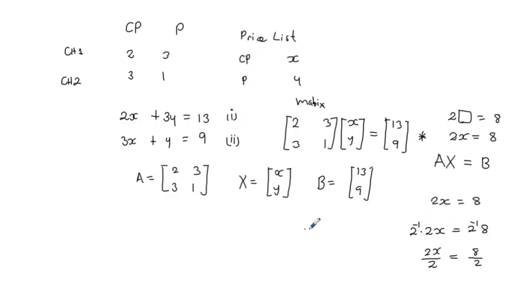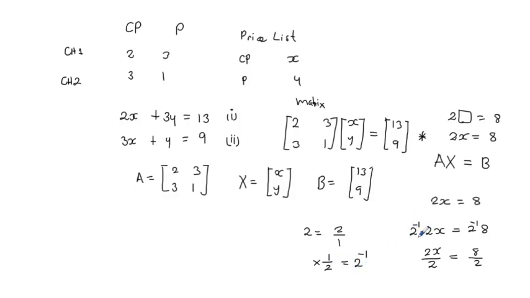Because when you take 2 as a rational number, it is 2 over 1. And when we're dividing here, it's just as good as multiplying by 1 over 2. This 1 over 2 is the same as 2 to the power minus 1.